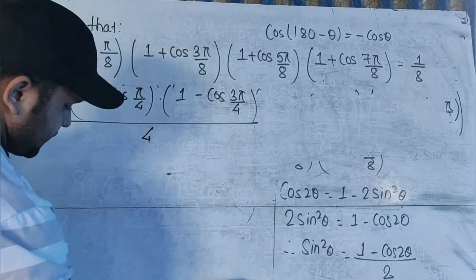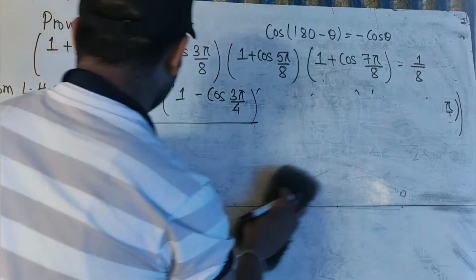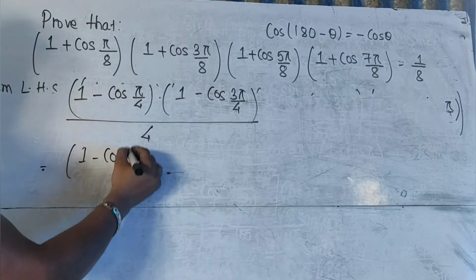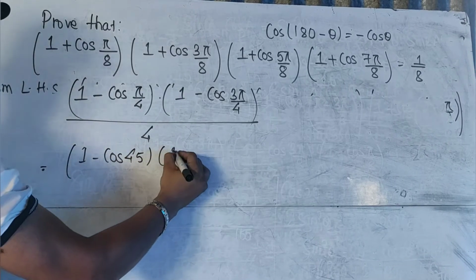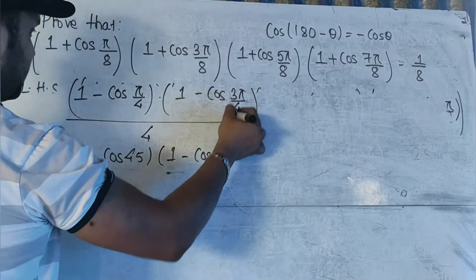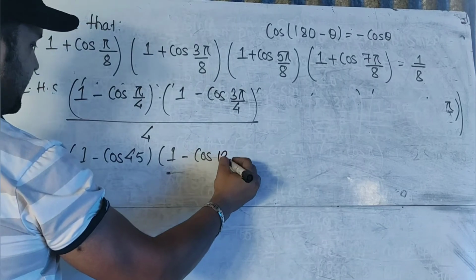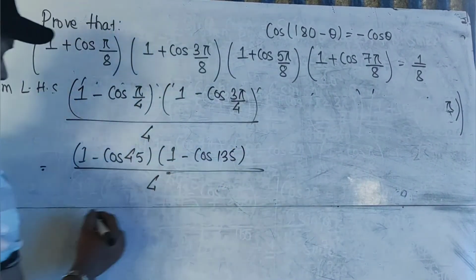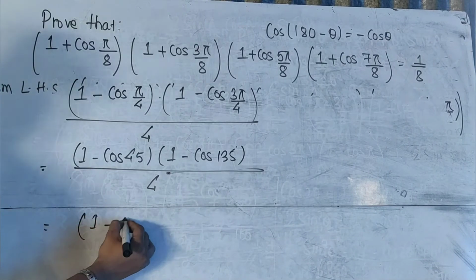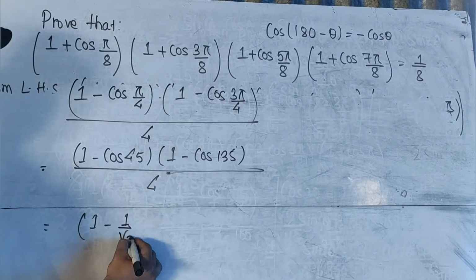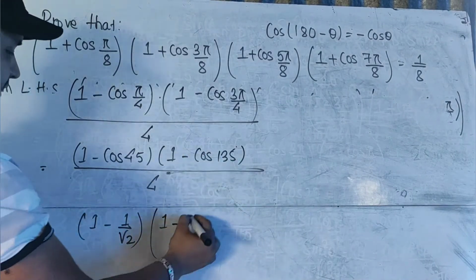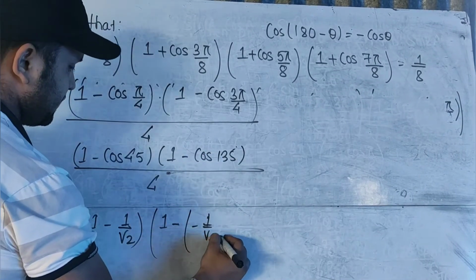Now you have 1 minus cos 180 by 4, which is 45, and 1 minus cos 3 into 180 by 4, which gives you 135. The value of cos 45 is 1 by root 2. The value of cos 135 is minus 1 by root 2.